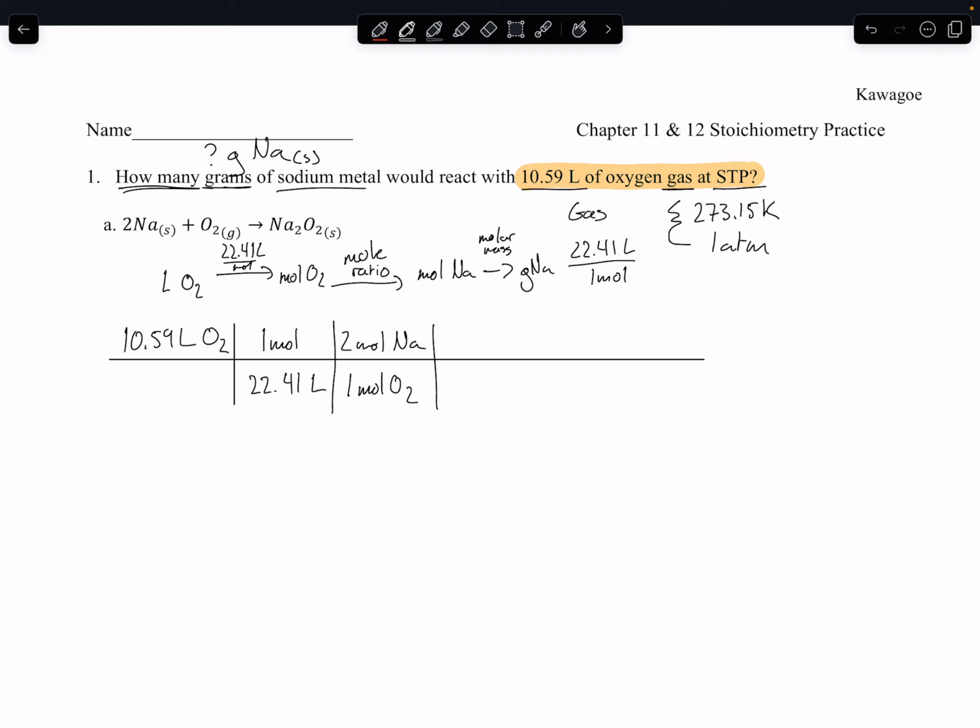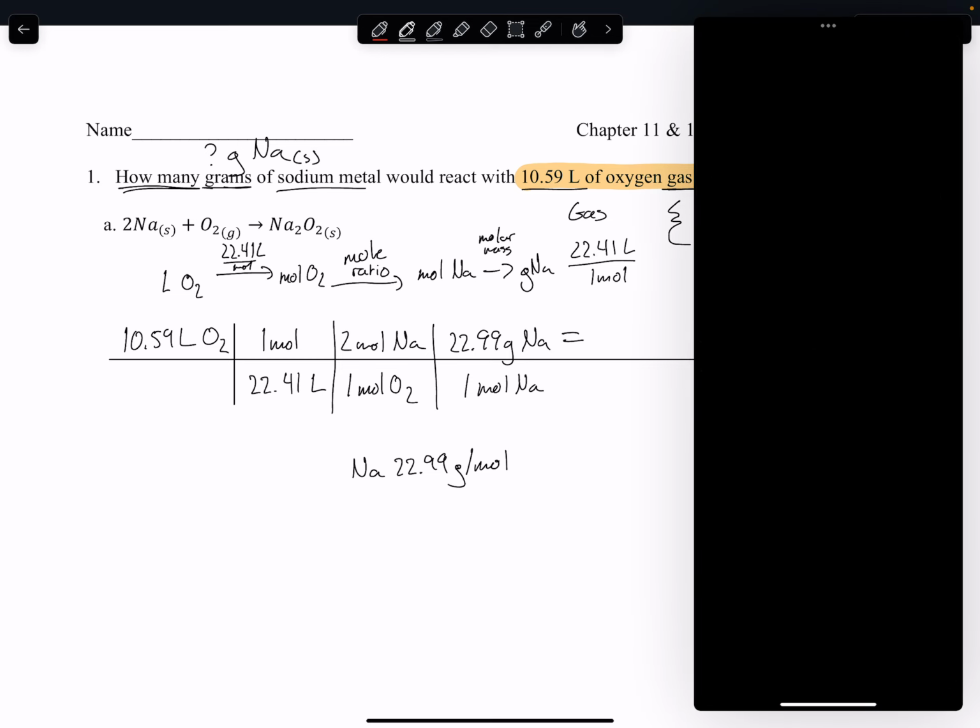And now that I've got moles of sodium, I check on the periodic table. Sodium has a molar mass of 22.99 grams per 1 mole. So since I'm looking to find grams, and I want to cancel out moles, put 1 mole of sodium on the bottom. 1 mole of sodium weighs 22.99 grams for sodium.